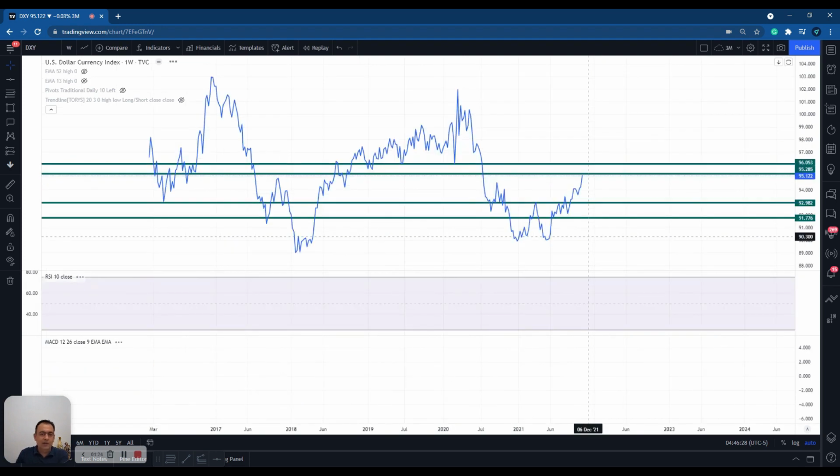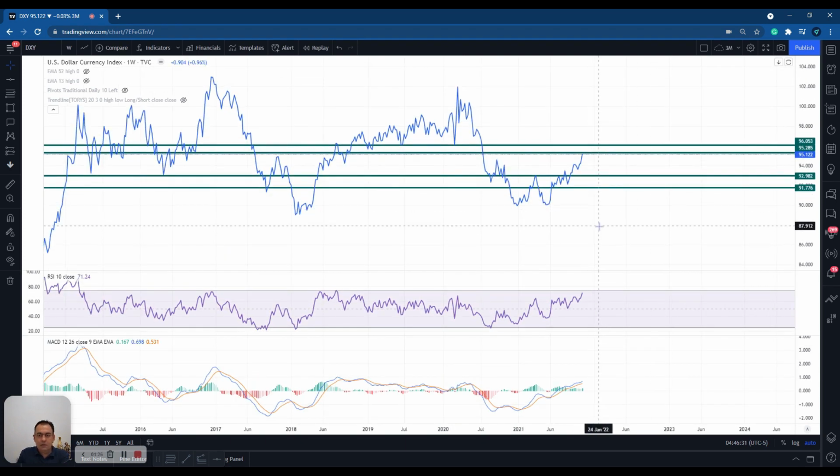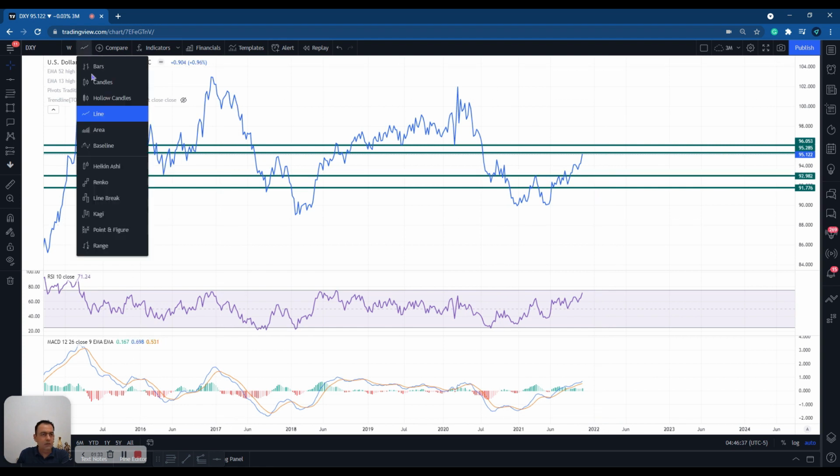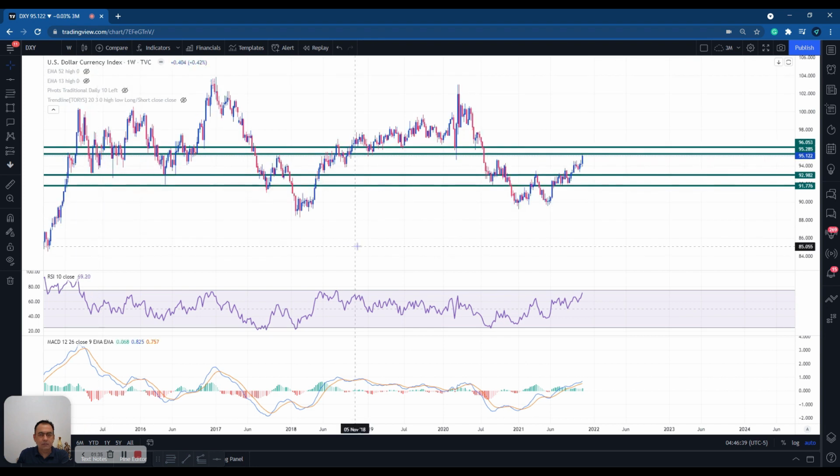Switching to weekly now. On the weekly, we need not mark the levels, and I'm changing it back to candlesticks.